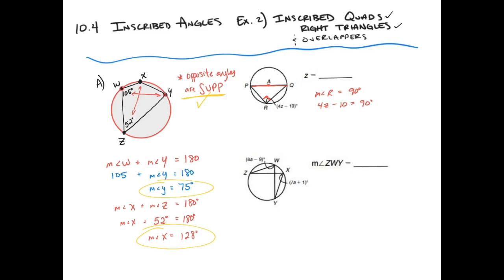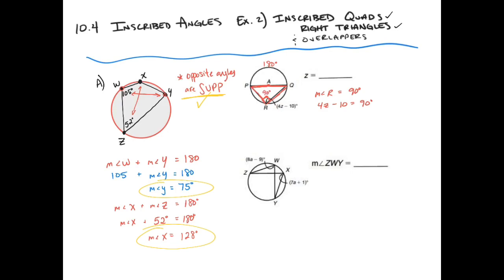I had to know first that angle R was a right angle, and I knew that because PQ was the diameter. The reason that makes sense is if PQ is the diameter, then that arc is going to be 180 degrees. So that inscribed angle, angle R, has to be half of 180, so it had to be 90, a right angle.